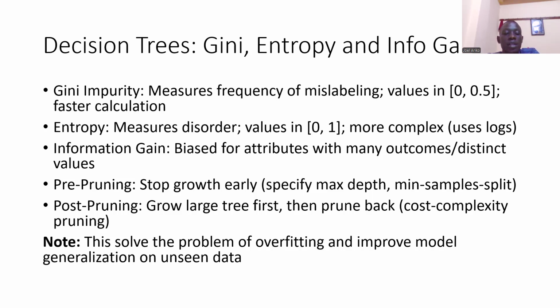Pre-pruning is where we stop the growth early, whereby we can specify the maximum depth, for example the third level. Post-pruning is where we grow a large tree first, then prune back. It's cost complex, actually.